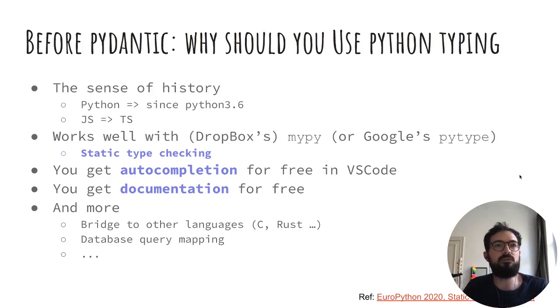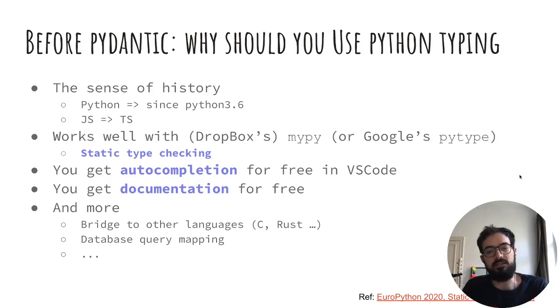Since Python 3.6, you can use type annotations in Python, and Python is what's called a dynamically typed language as opposed to a static typed language. I'm not going to enter into the details there, but usually Python is pretty loose and it doesn't enforce any typing, and that's why it's such a simple language to learn, and that's kind of nice.